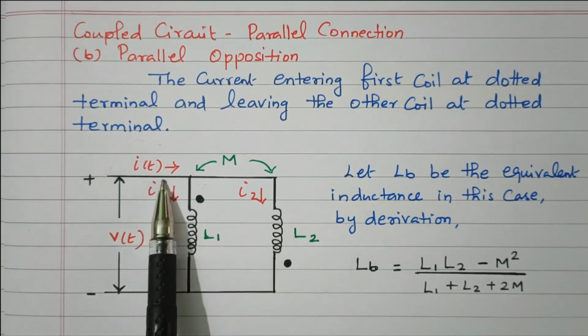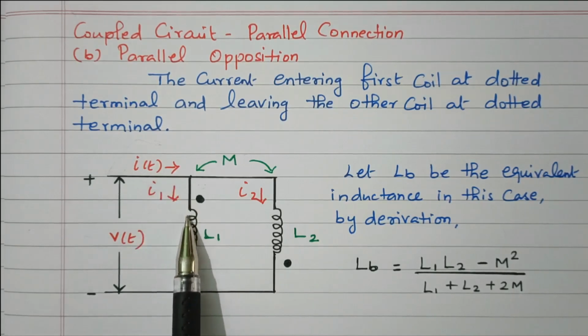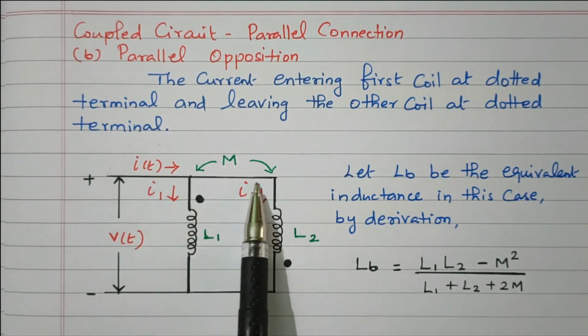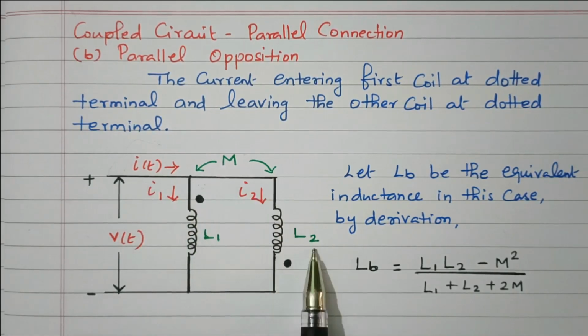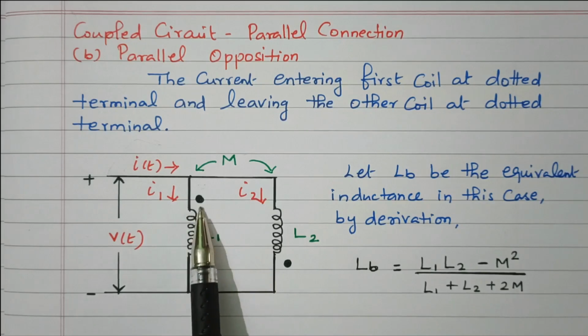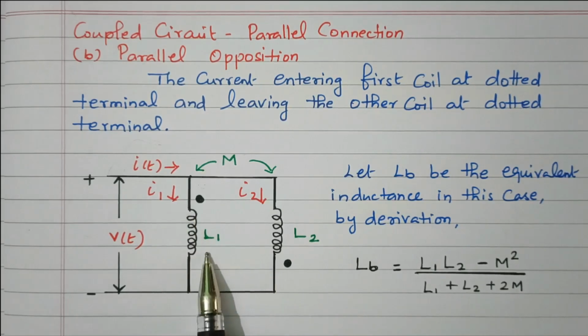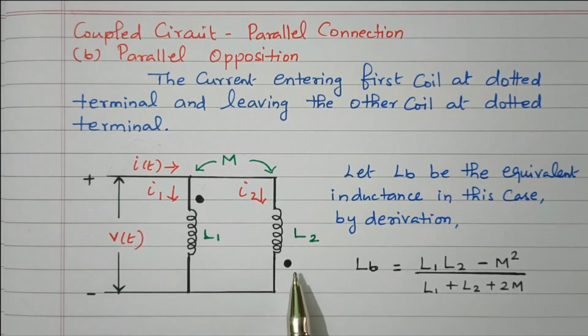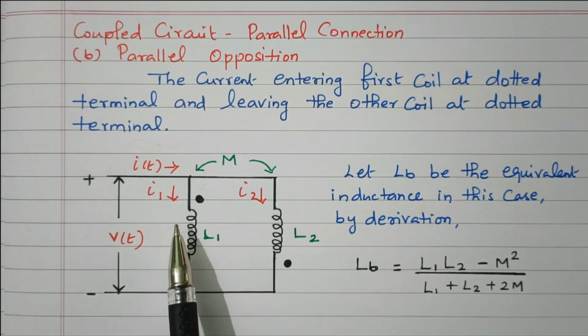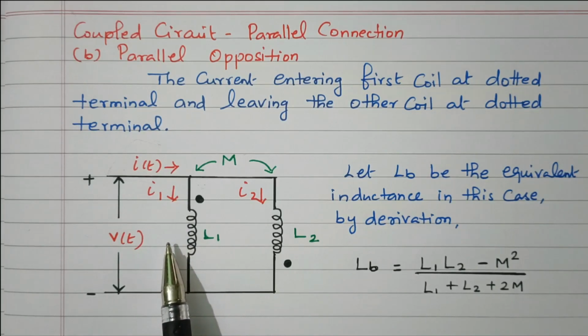See this, the current enters at the dotted end for inductor L1, but current leaves at the dotted end for L2. So it is coming under parallel opposition. If the current enters both coils at the dotted ends, or the current leaves both at the undotted ends, then it is parallel adding.